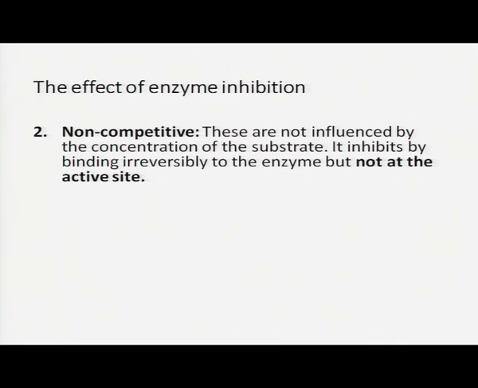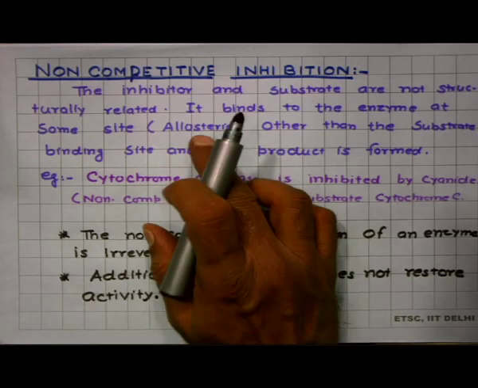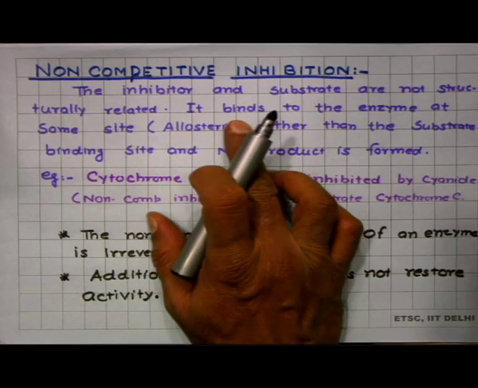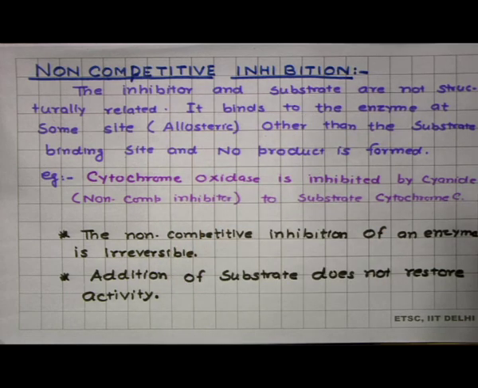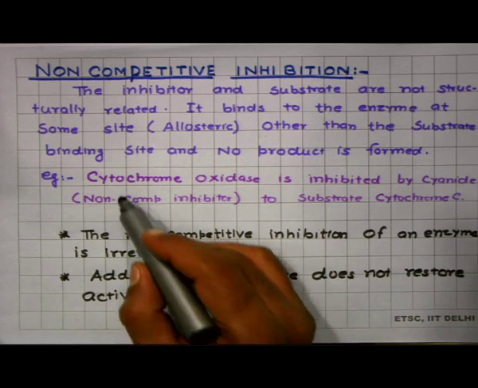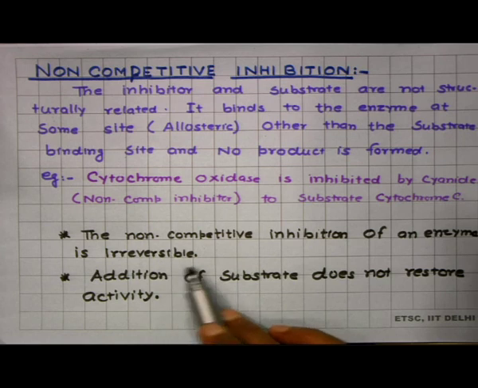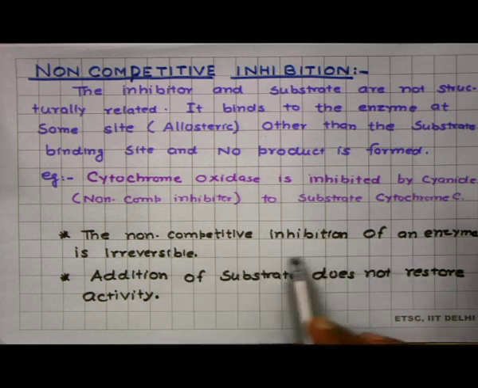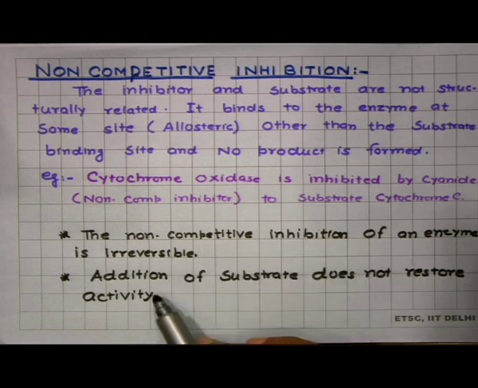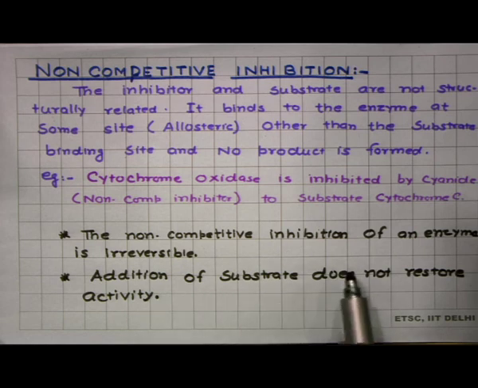The inhibitor and the substrate are not structurally related; it binds with the enzyme at some other site, that is called the allosteric site. Example, cytochrome oxidase is inhibited by cyanide. The non-competitive inhibition of an enzyme is irreversible. Addition of substrate does not restore the activity.